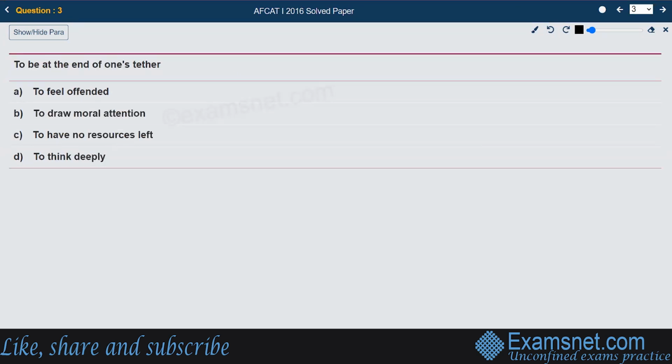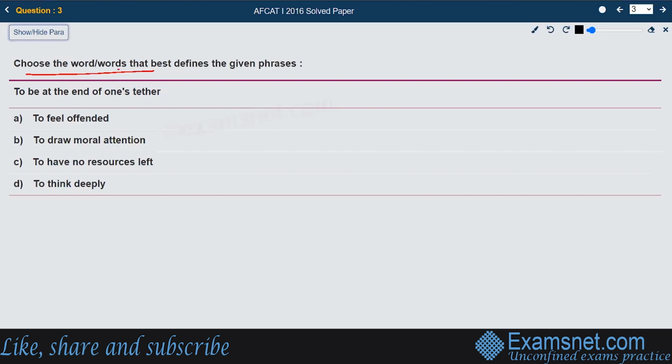In question number 3, we are supposed to see this phrase and be able to tell the right answer out of the options. The phrase is "to be at the end of one's tether." What does this mean?